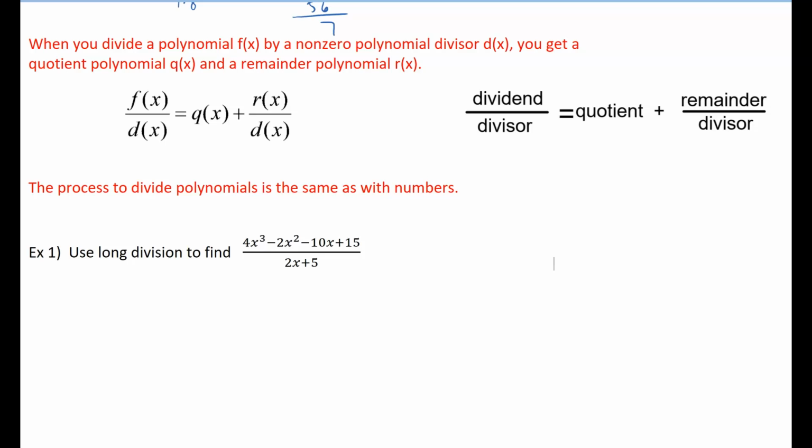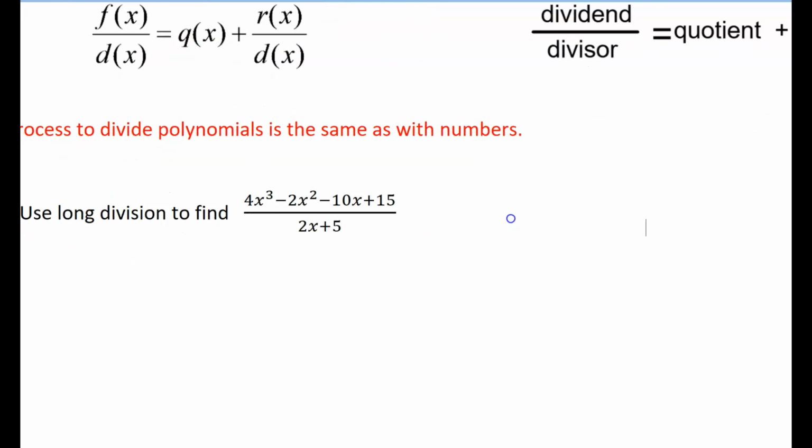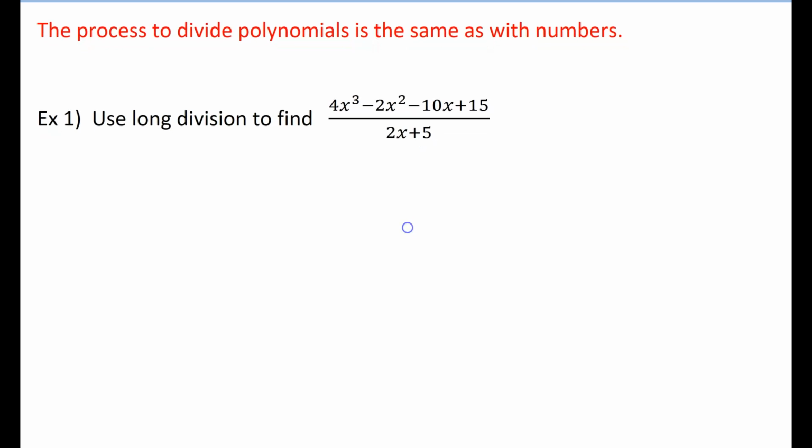So one thing I want to pay attention to is that the dividend is in standard form with the highest degree first. Okay, and that we are going down in order by decreasing degrees. So in our dividend here, I've got an x cubed term, an x squared term, an x term, and then a term that doesn't have an x on it. That's like the x to the 0 term. So it's already put in order for us.